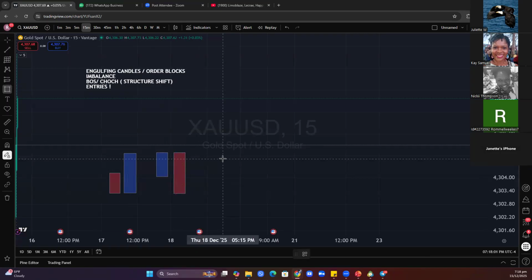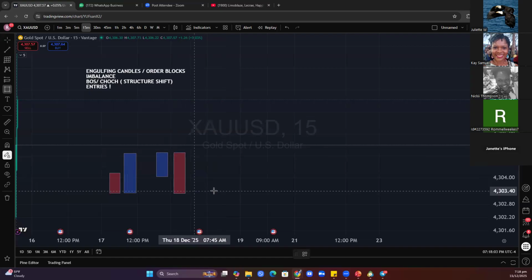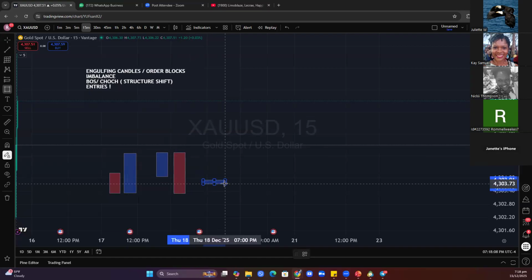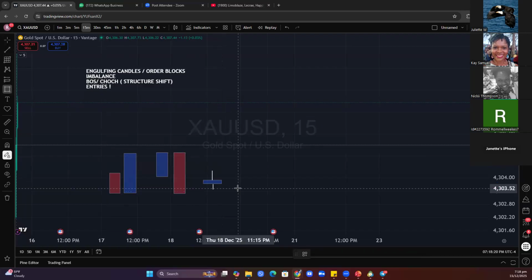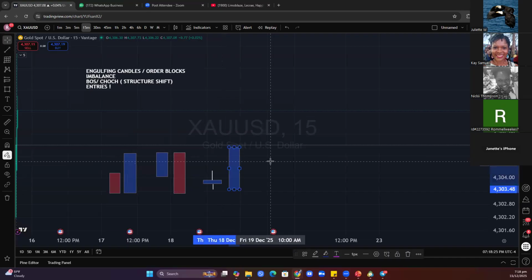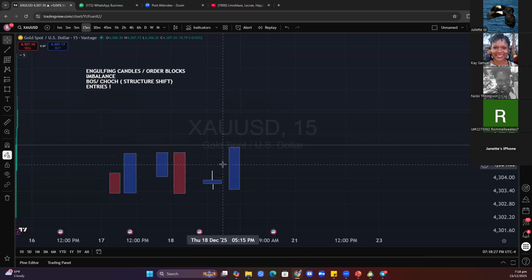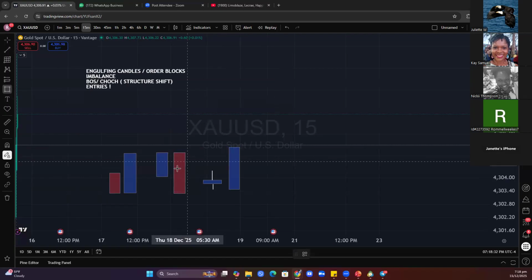Now, you may also see different variations. You might see very small candles, maybe like this, it may be a white candle, and the next candle is followed, boom, like this. Same thing on the flip side when it comes to the sells. So don't get confused and think, okay, it must look like this.